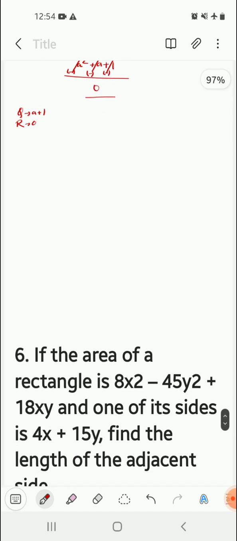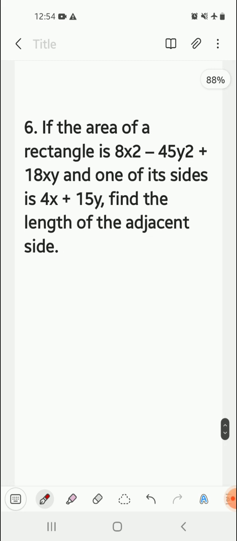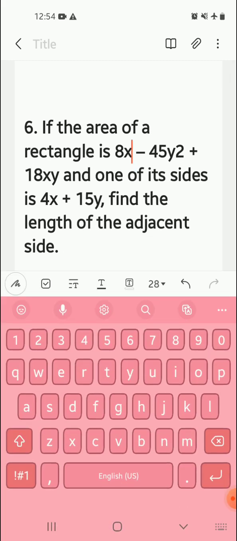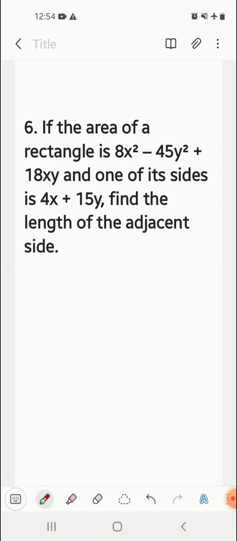Moving on, next question. If the area of a rectangle is 8x square minus 45y square plus 18xy and one of its sides is 4x plus 15y, find the adjacent side.